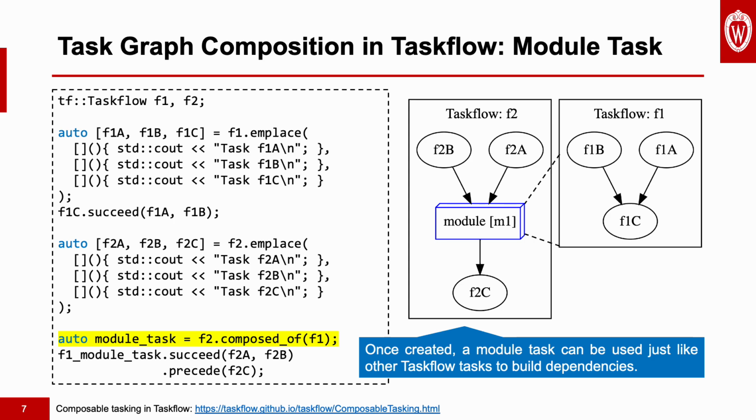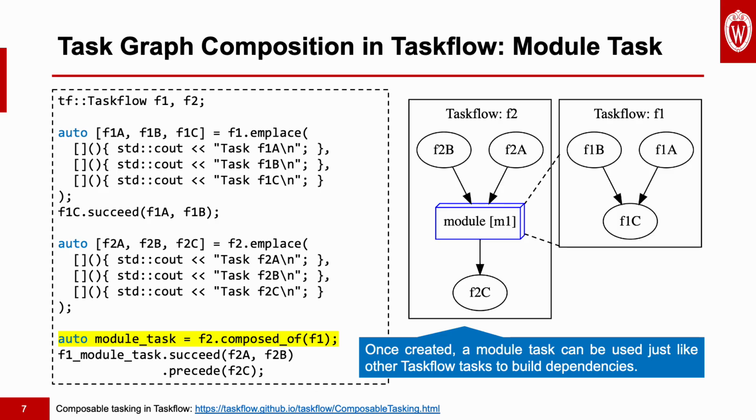For example, here I have two taskflows, F1 and F2. F1 has three tasks, F1A, F1B, and F1C, and F1C runs after F1A and F1B. On the other hand, F2 has four tasks, F2A, F2B, F2C, and a module task that encapsulates Taskflow F1.